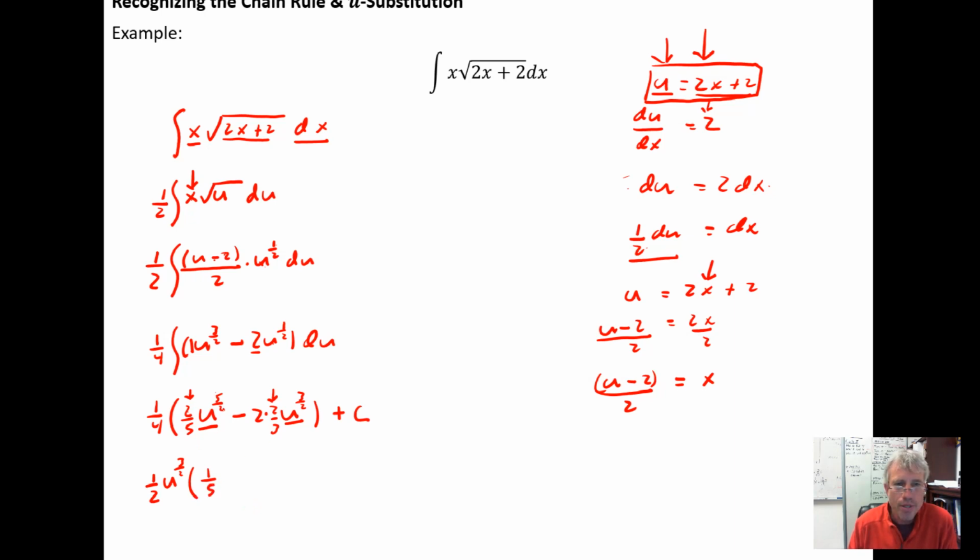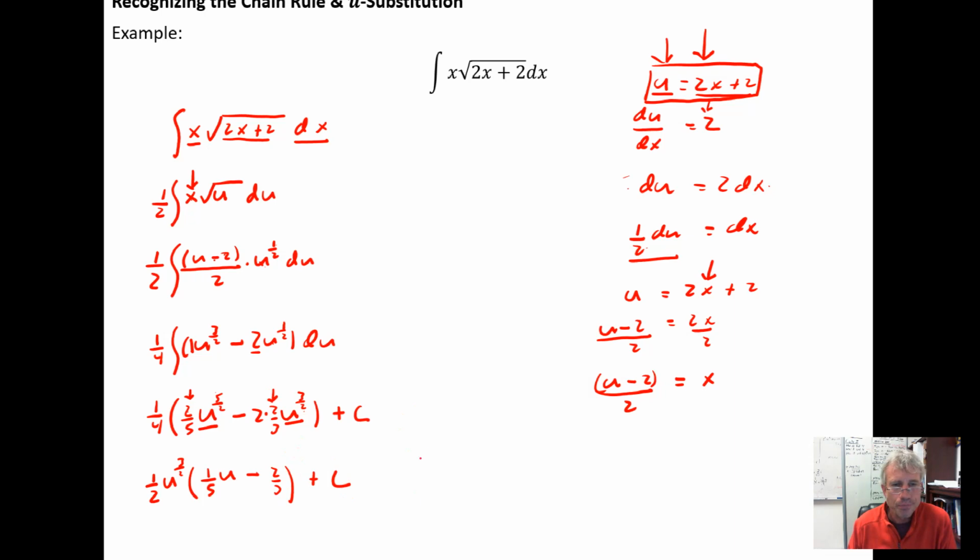And factoring a 3/2 off of a 5/2 would leave behind a u to the 2/2, or just u, minus, I factored out a 2, which will leave behind a 2 over 3. And I factored out a u to the 3/2, so I will just have the 2/3 there, plus the constant of integration.